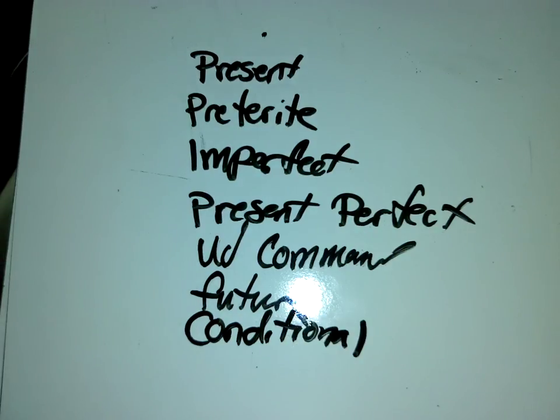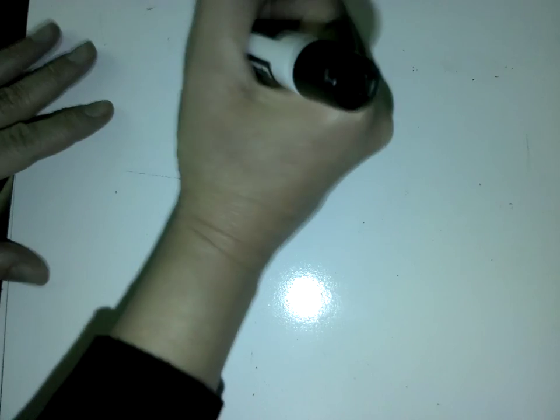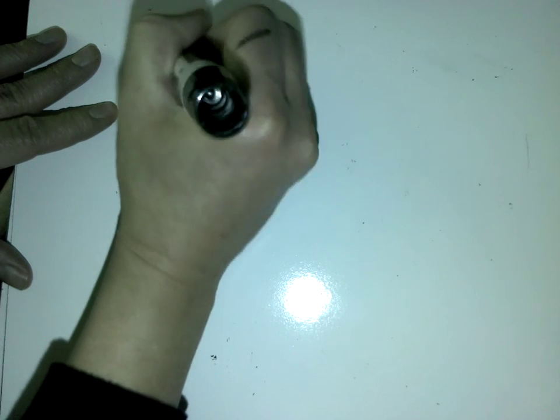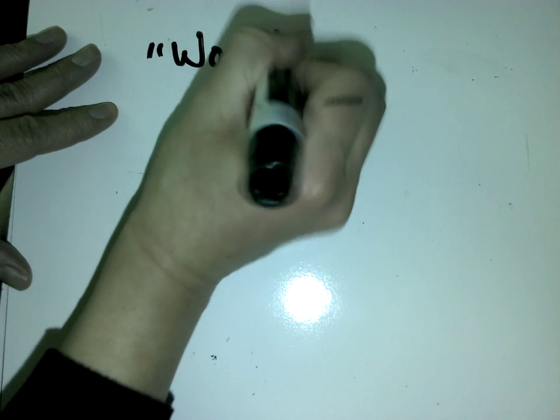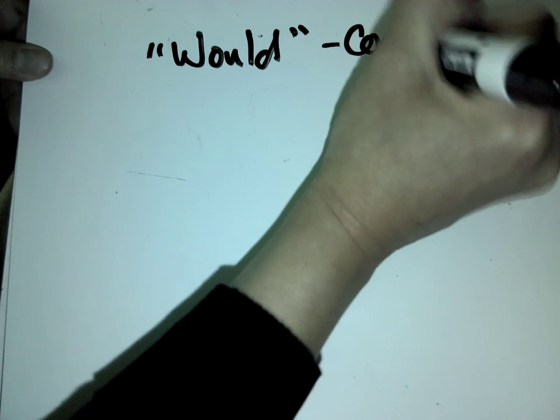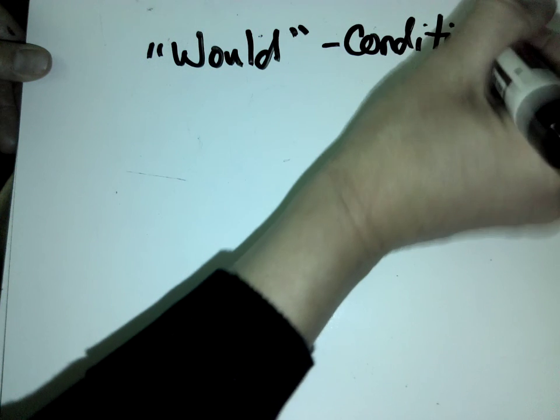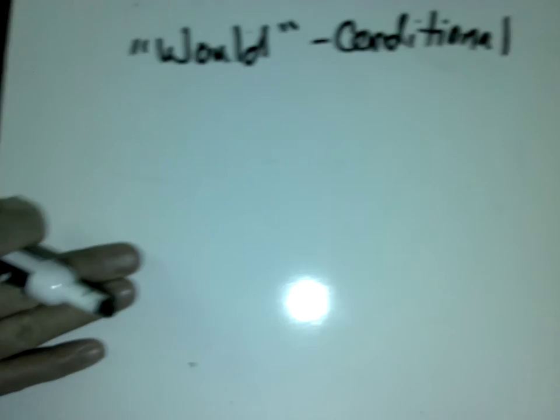All right, and the good news is that the conditional tense is very, very simple. It's going to be very simple for you based on what we've already learned in class. So the key word for the conditional is the word would. If you remember when we learned the future tense, what was our key word?